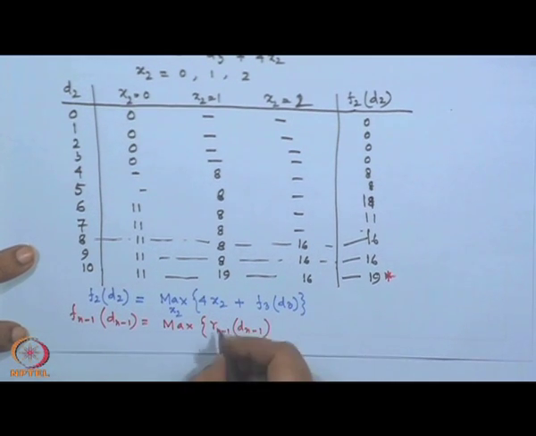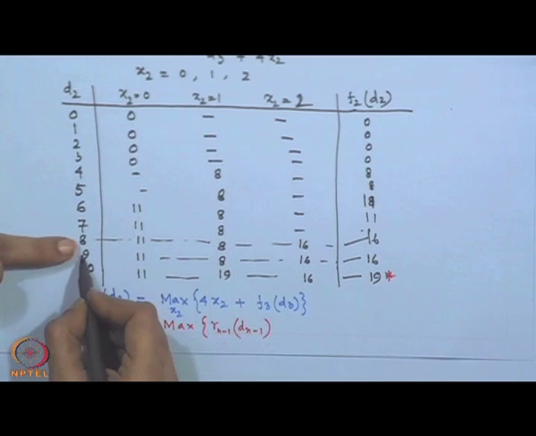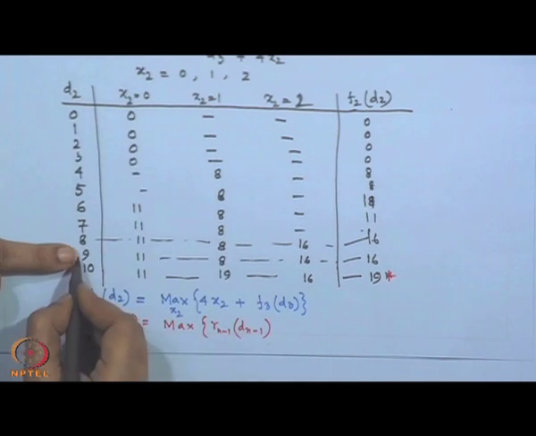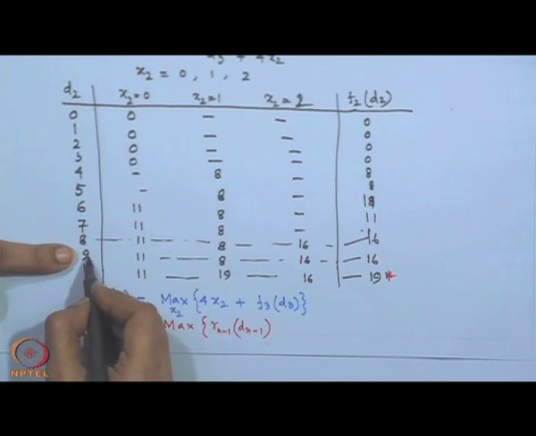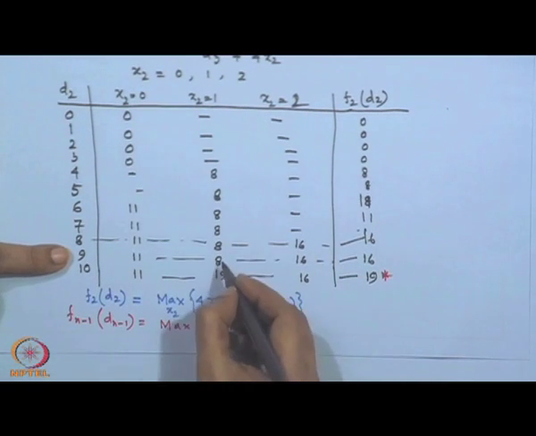I will describe later on what is the meaning of R n minus 1 Dn minus 1. This means the immediate return we are getting after selecting Dn minus 1. If I see here for D2 equal to 9, what is the immediate return? Immediate return for x2 equal to 1, that is 8 for us.